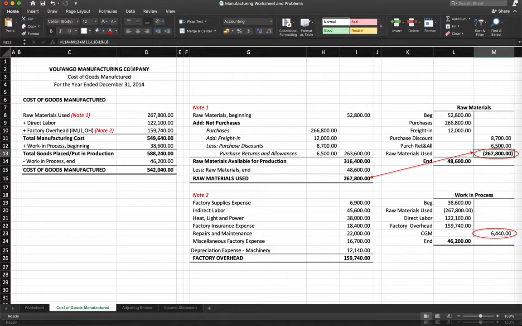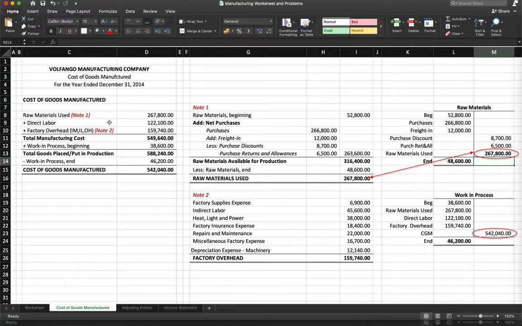Pero tanggalin na natin yung pagiging negative niya, absolute value na lang natin, kasi given naman na kapag siya ay nasa credit side, that is a deduction to raw materials. Okay, so yan din yun. You may choose whether to use this or T account, whichever you are more comfortable with. So, we have na raw materials used.